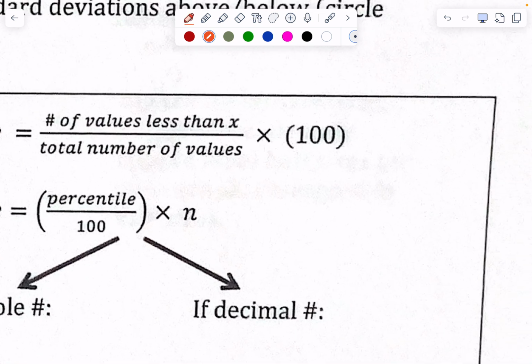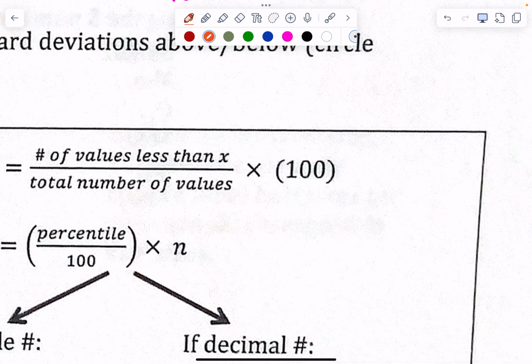Converting to percentile. If I want to know what percentile I am in, like if I am in the 80th percentile, that means 80% of people are below me. My children for height are always like in the 3rd percentile. I have the percentile curve over there. If you want to see it for Navy, she is like in the 10th percentile for height, which means only 10% of people are below her.